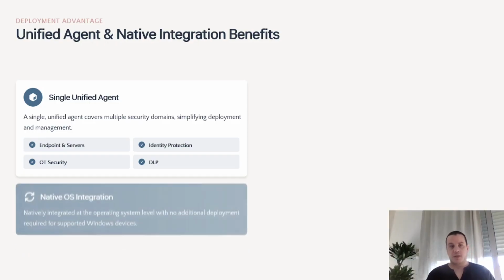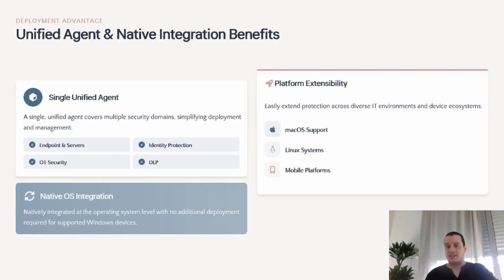Natively integrated into the operating system, so there are no additional deployment steps required to support Windows devices. For platform extensibility, easily extend protection across diverse IT environments and device ecosystems, which will cover Mac support, Linux, and mobile devices, both Android and iOS. Key benefit: reduce complexity with a unified solution. So basically, one solution covers everything.